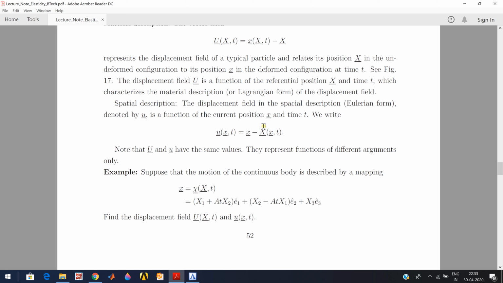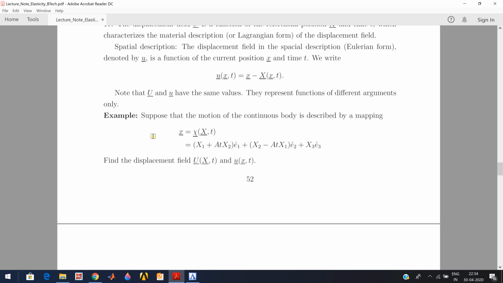These two are the same displacement field. That means capital U and small u will have the same values because they represent the same vector, but they are functions of different arguments. One is a function of capital X and t, another is a function of small x and t. This doubt will be cleared if we go through this small example. So let us see what is asked here.